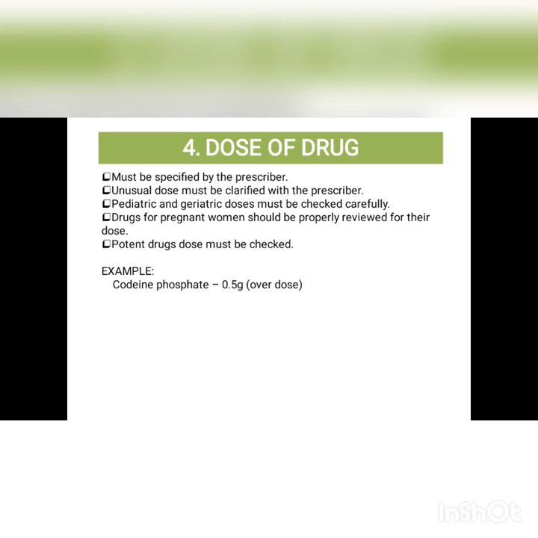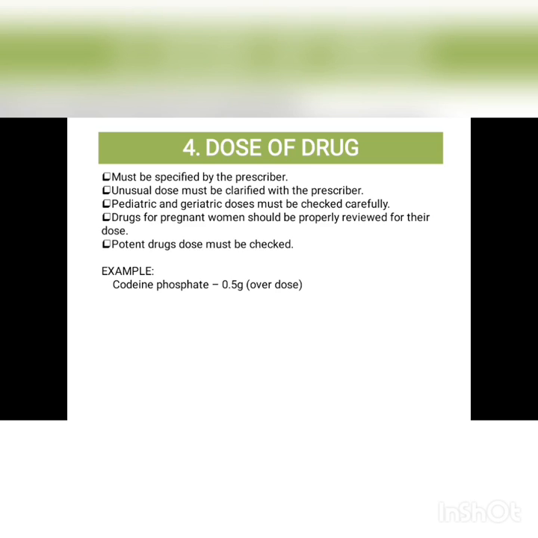Then, fourth one, dose of the drug. Do you know the difference between dose and strength? Dose is the amount of drug to be taken at once, and strength of the drug is the amount of drug contained per unit, for example, 500 mg per tablet.